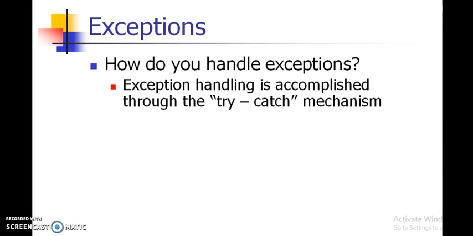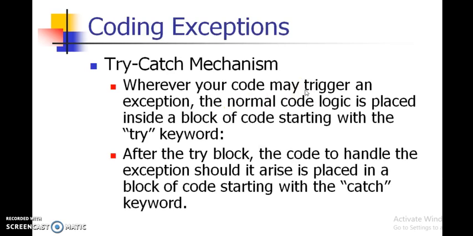So in order to handle these exceptions, there should be some mechanism wherein the user gets an appropriate message that an exception is raised and the program execution continues. That is achieved by exception handling through a mechanism called the try and catch mechanism. So what is this try and catch mechanism?